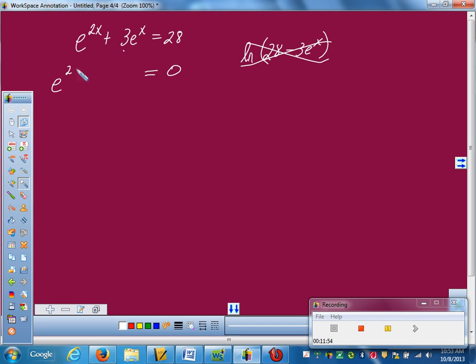Subtract the 28, and it doesn't look like it, but it's in what we call quadratic form. It follows the pattern of a quadratic: something squared, something to a first power, and a constant. This thing will factor. You can factor it e to the x and e to the x, because when you multiply, you add the powers.